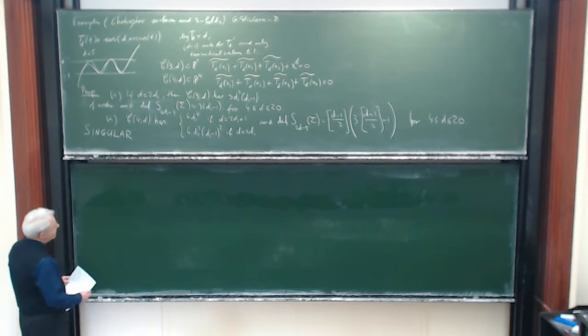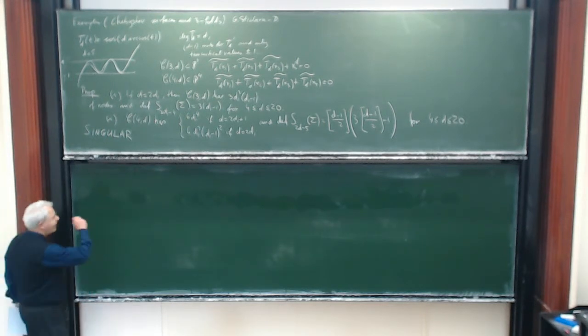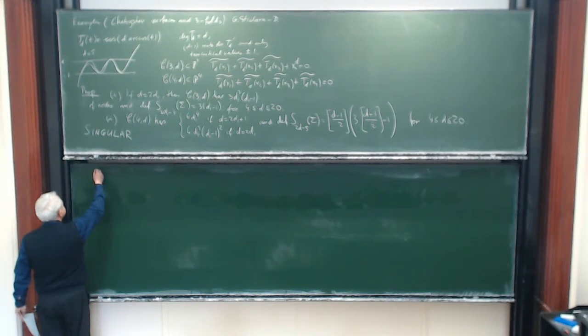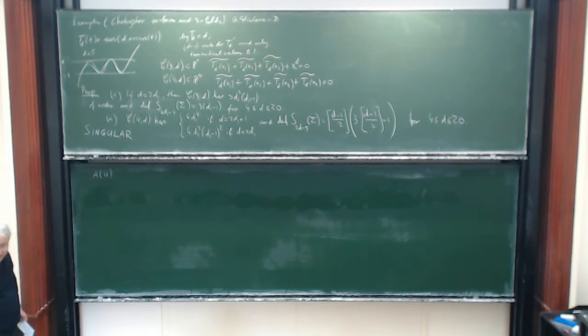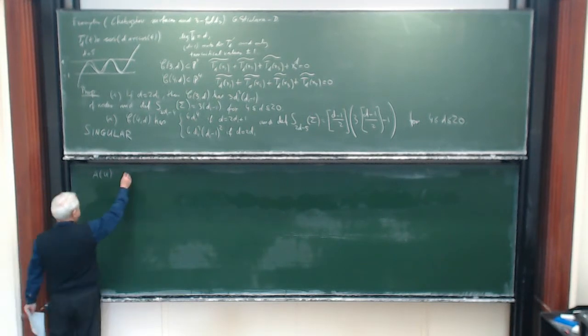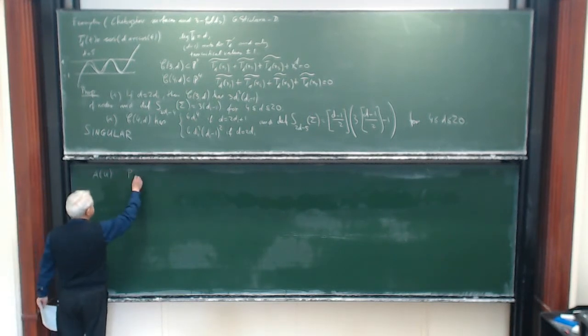So yesterday I constructed the de Rham complex of regular differential forms on the complement, and I constructed some decreasing filtration.